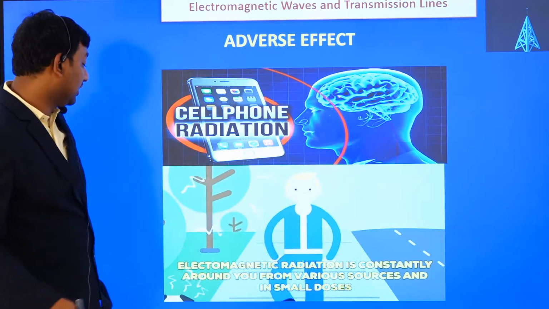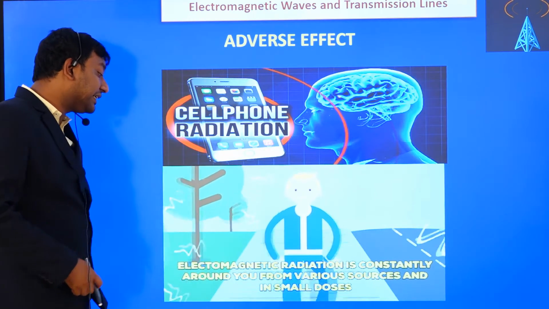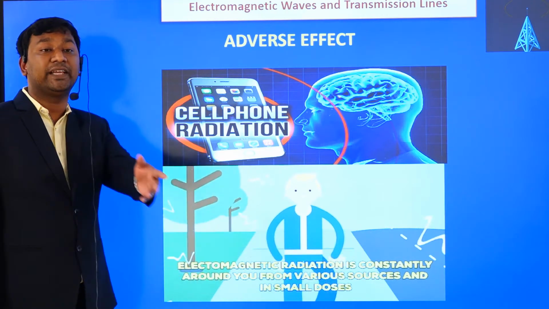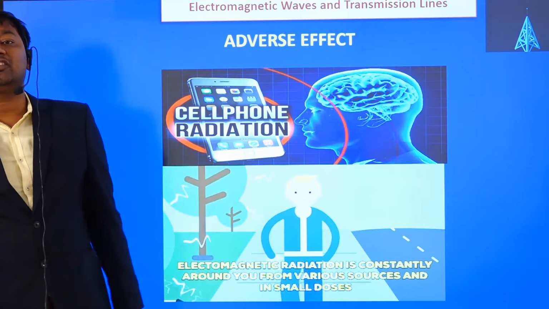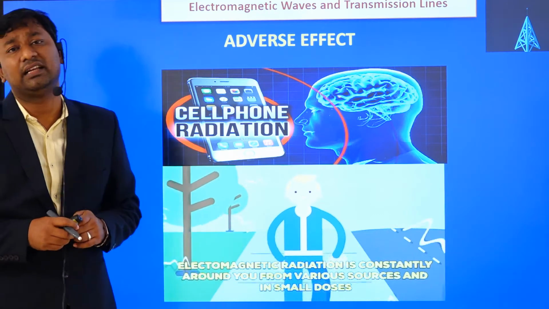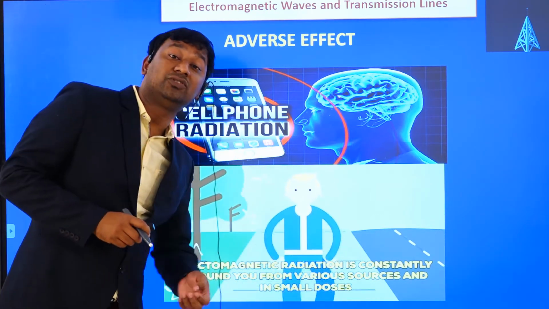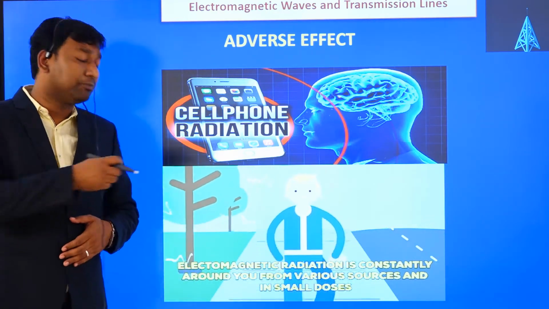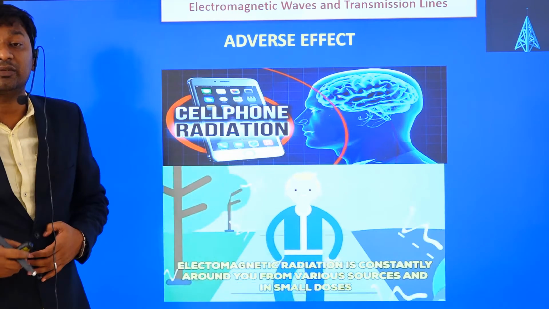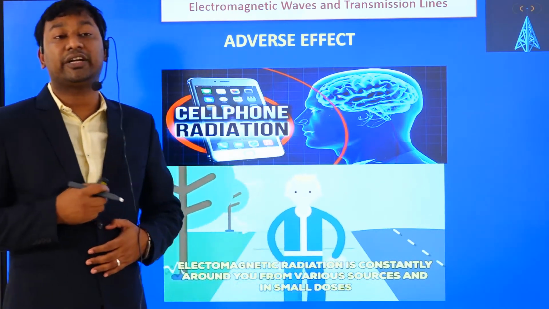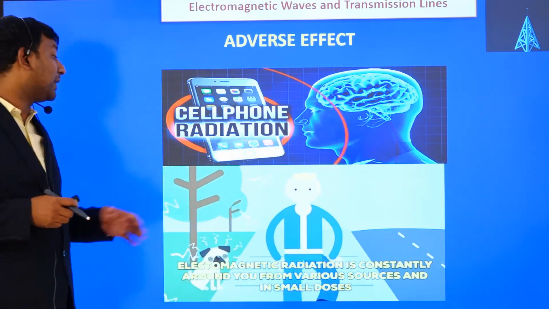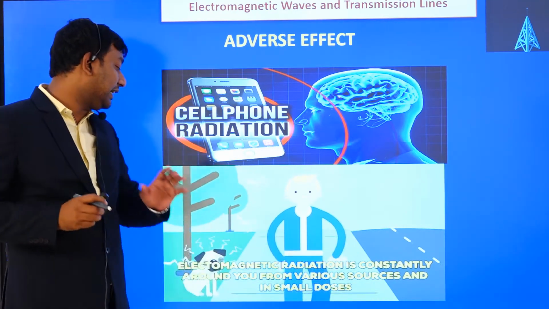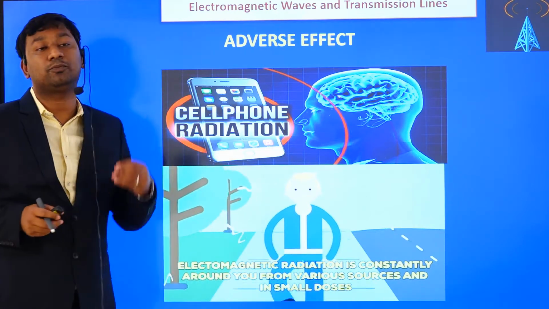Electromagnetic radiation is constantly around us from various sources, in small doses. Here one person is moving around the street, but there are so many electromagnetic sources, like mobile towers and our mobile phones. Most devices generate some electromagnetic waves, and mobile phones transmit or radiate electromagnetic signals. So when a person is moving through a path, radiation is constantly around from various sources in small doses.